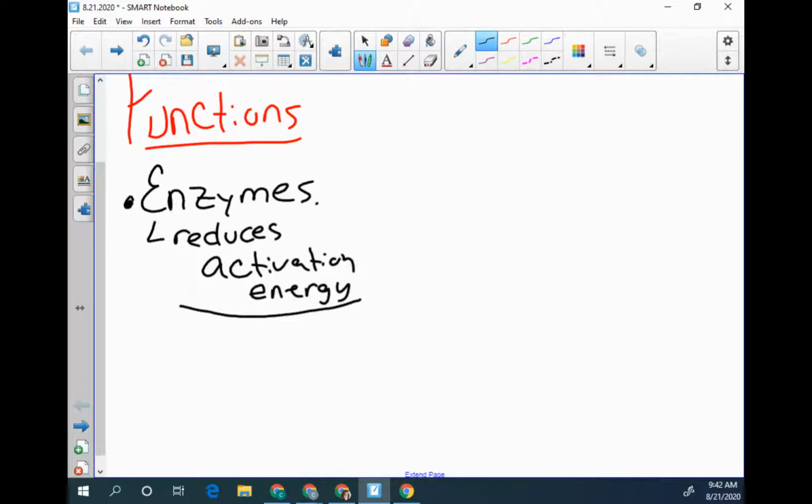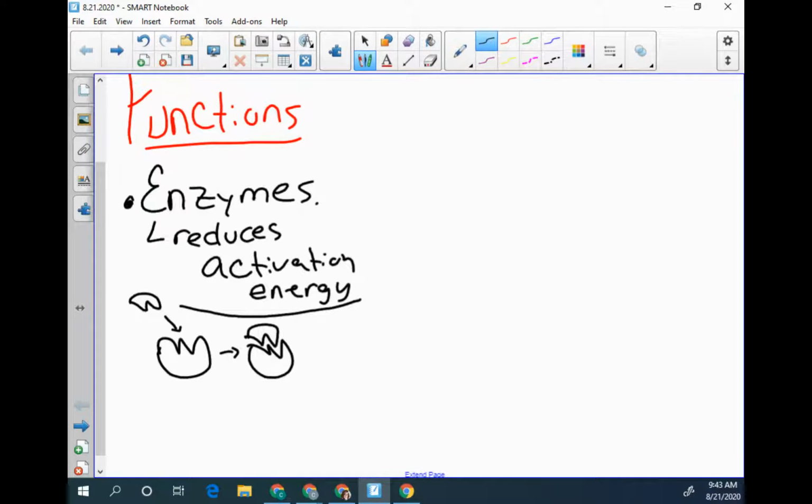So, if this little doohickey right here is our enzyme, this is our protein. This is a reactant that is going into a chemical reaction. That guy comes in here. Then we've got our enzyme substrate complex.